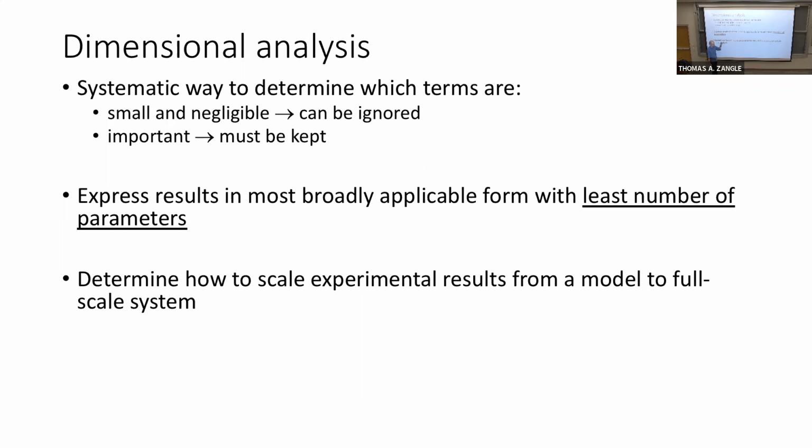So oftentimes it's much more economical to use a smaller scale model of the system. But now you have to understand how to scale results from a smaller scale model up to what you would expect to see in the full scale system. And you can do that using dimensional analysis and non-dimensional parameters.